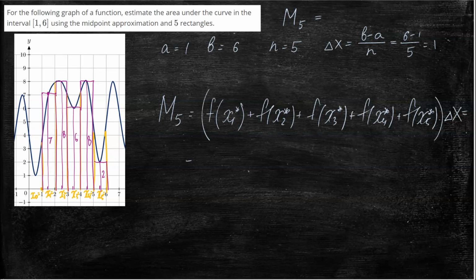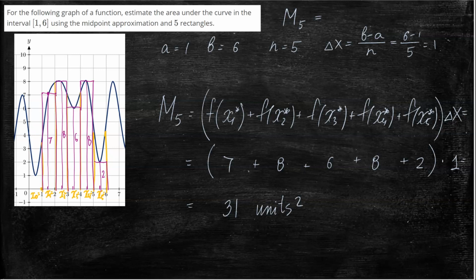But again, we're not interested in this formula, we're interested in the actual process. So this is just 7 plus 8 plus 6 plus 8 plus 2 multiplied by 1. So the answer is 31, whatever the units squared.